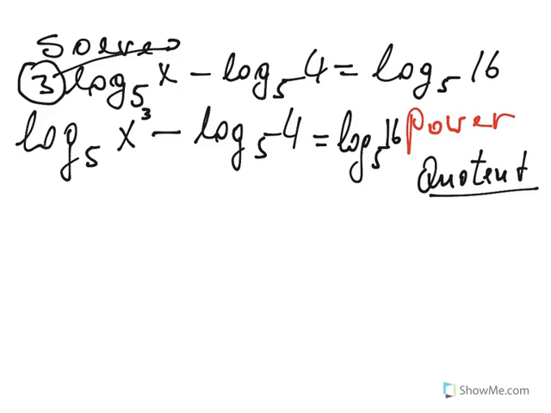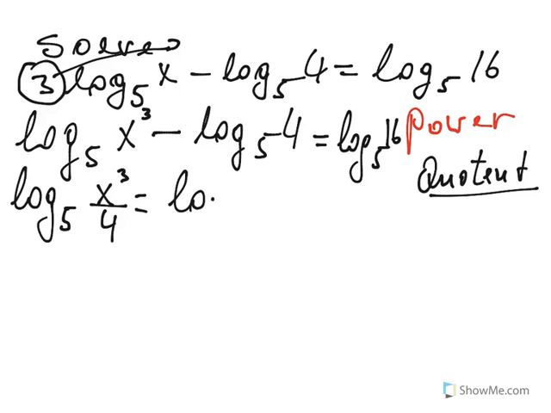Based on the quotient property, we can write log base 5 of x to the third power divided by 4. Quotient property means that we are dividing. We remember from the property we divide m divided by n. The property is the same here in this case.